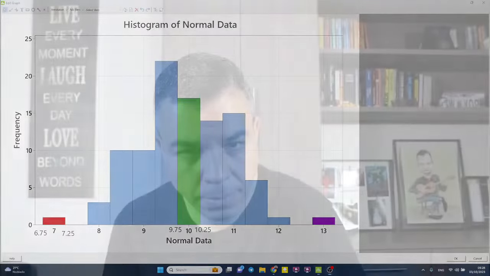Yeah? And then, having the intervals, having the bins, it's just a matter of placing the number of data points in each bin, and then with that you will have an amazing picture in terms of the shape.